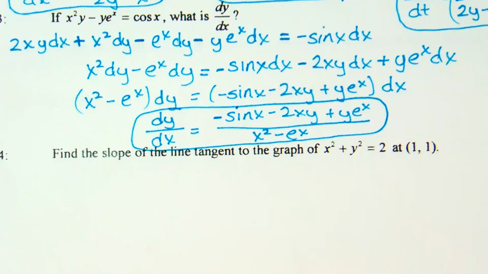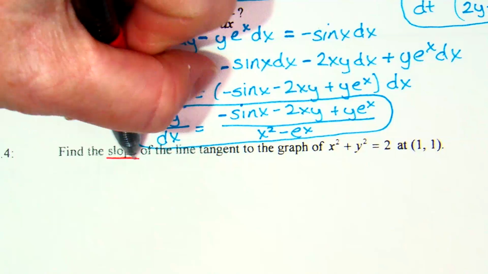Okay, example 4 when you're ready. It says find the slope of the line tangent to the graph of x squared plus y squared equals 2 at the point 1, 1. Slope of the tangent line.